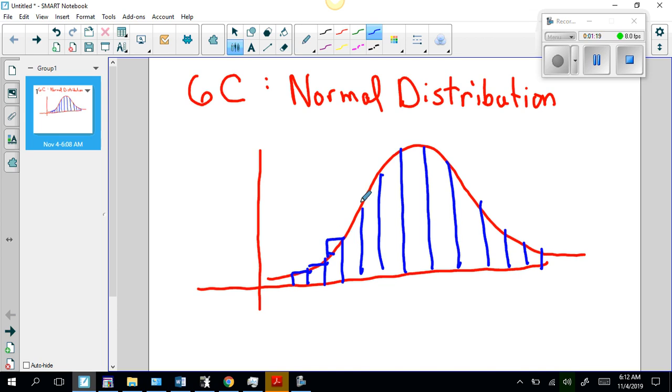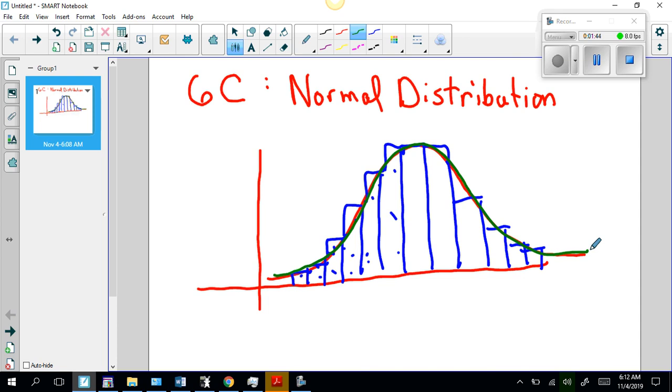Then instead of looking at it like data stacked up in bars, we take a smooth curve and run it through the top of the histogram rectangles.